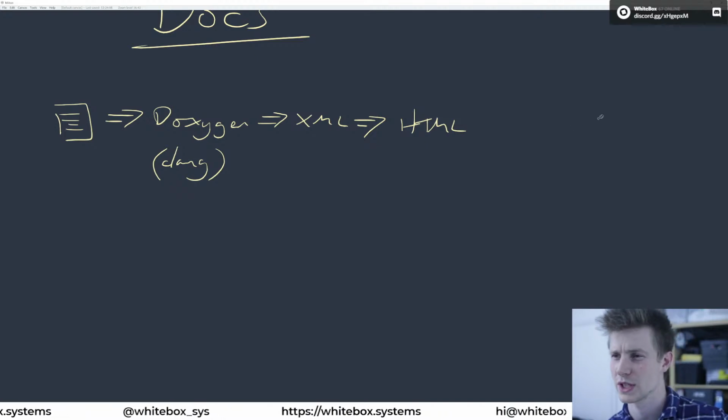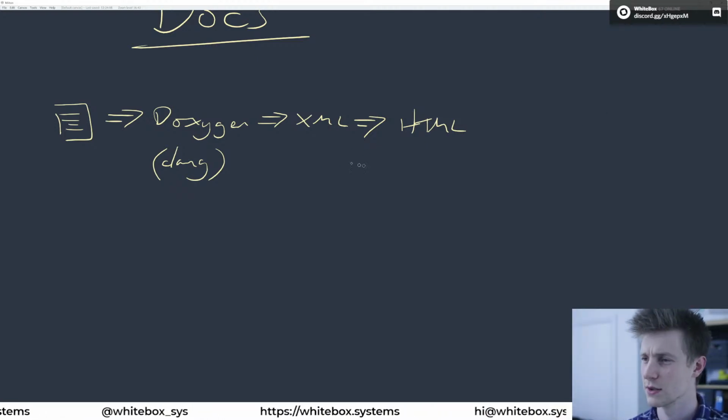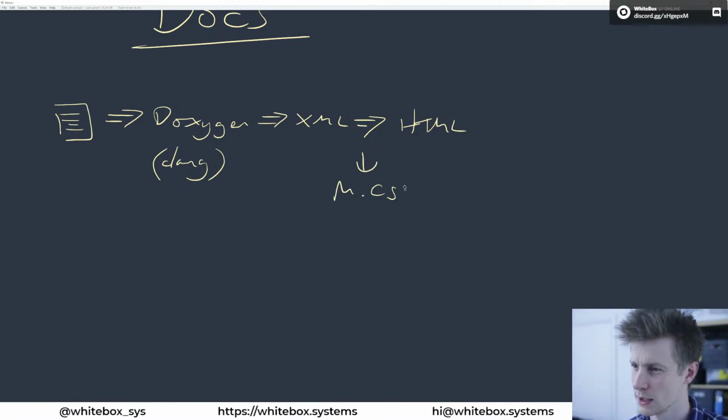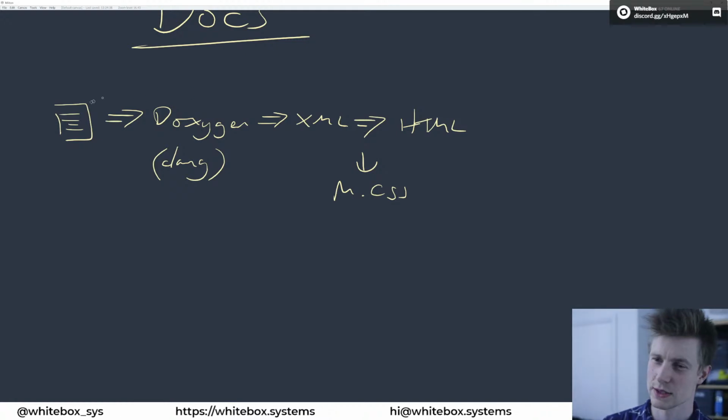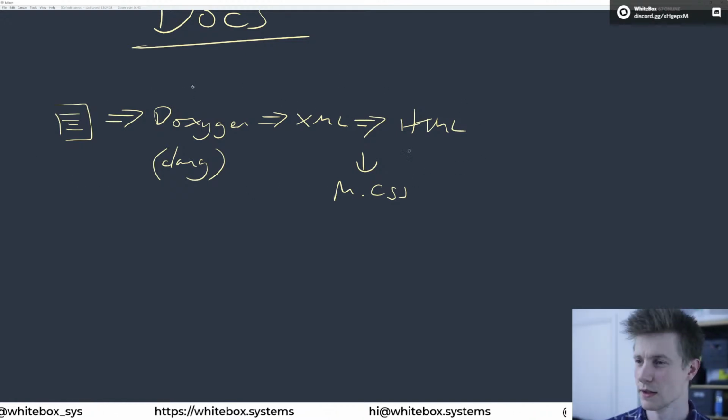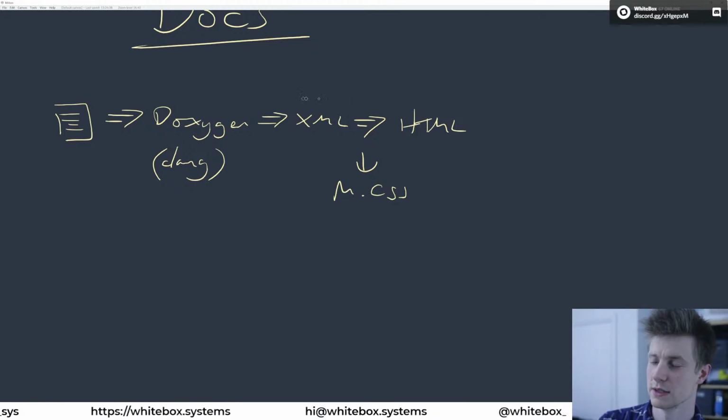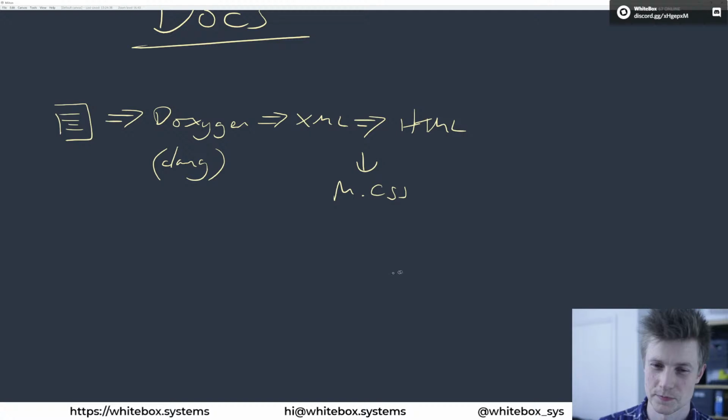So you can see from the fact that I mentioned this that you can replace this section with m.css. There's no particular reason that this all has to be a single toolchain, and any particular tool could change the input data into the output data.